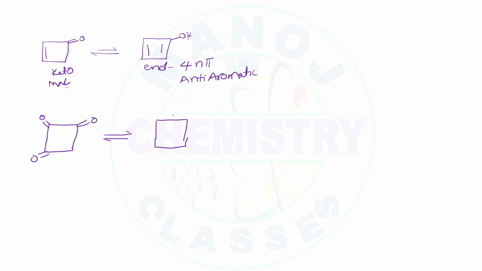Because it has a 4n plus 2 pi electron system. There is single bond OH, double bond O, double bond O. There are 6 pi electrons, a 4n plus 2 pi electron system. So this one is aromatic. Due to the aromaticity, this can be enolized very rapidly compared to the earlier one.